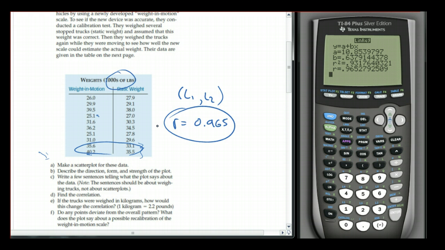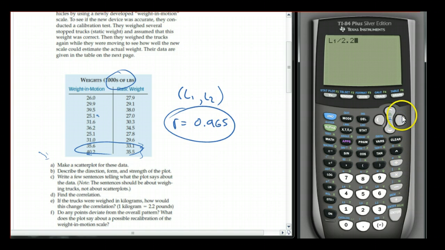Let me show you quickly how, just to prove that to you. I'm going to take my list 1 and divide by 2.2, because we're already in pounds and I want to go to kilograms.